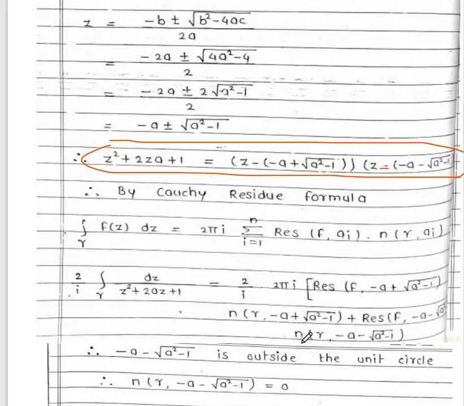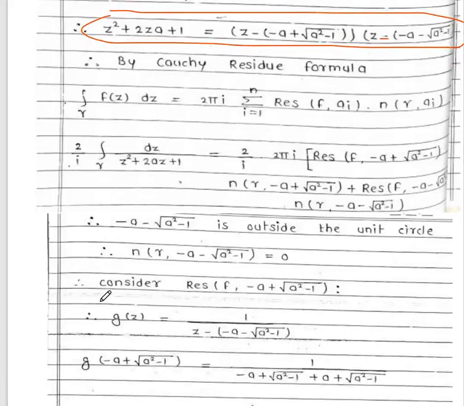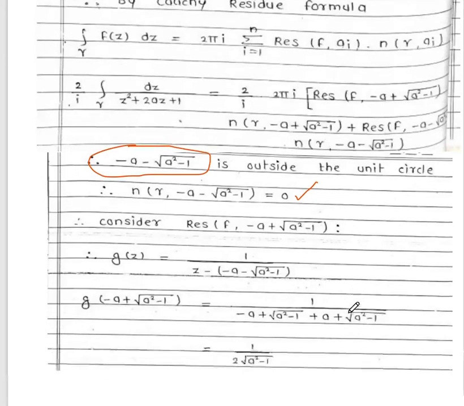Okay, so here minus a minus under root a square minus 1, this point lies outside of the curve, and therefore the index of the closed curve for this point will be 0.